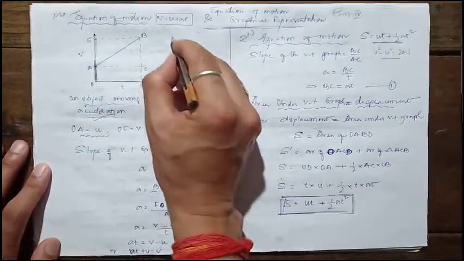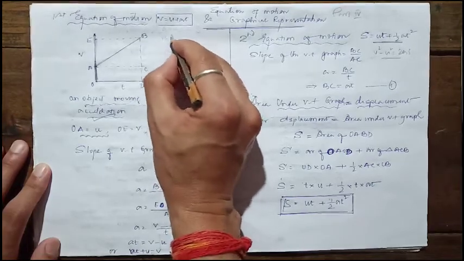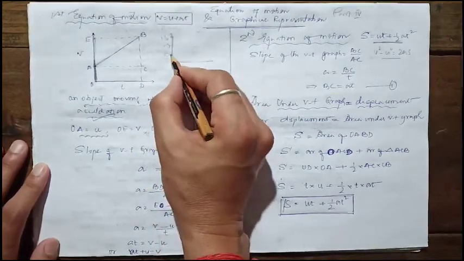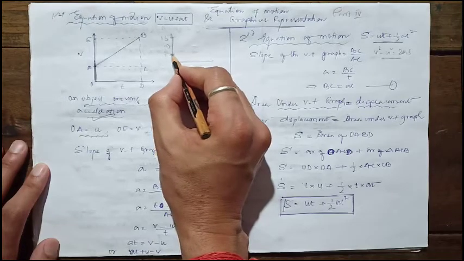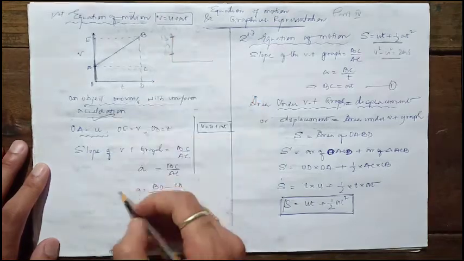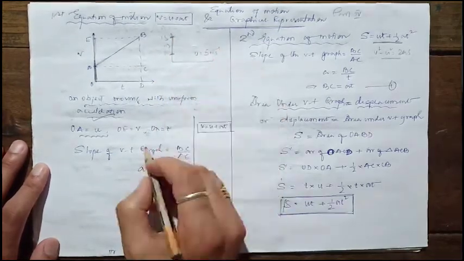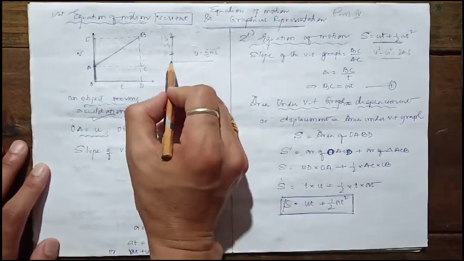Students, take a look at this example. Say I have 5, this is 10, and let's say 15. Initially the body is moving with speed 5, and after some time, the body's speed increases to 15. When I ask you the initial speed, you will write u = 5 meter per second. What is this 5 actually? This 5 is the length.